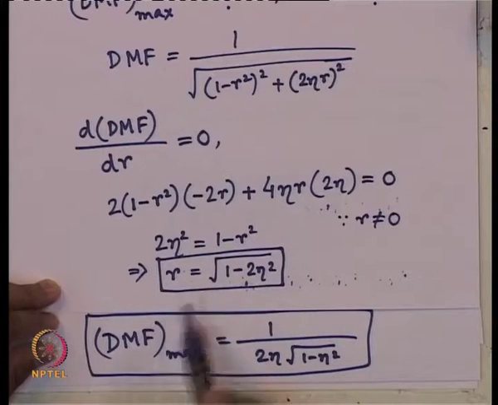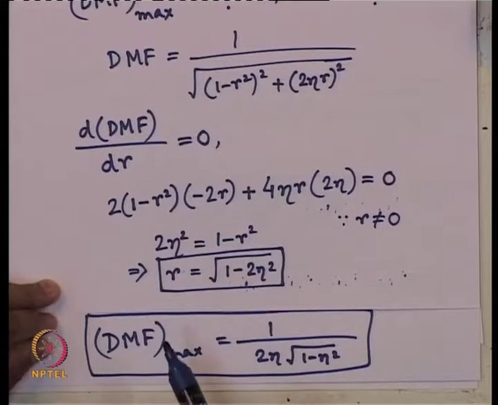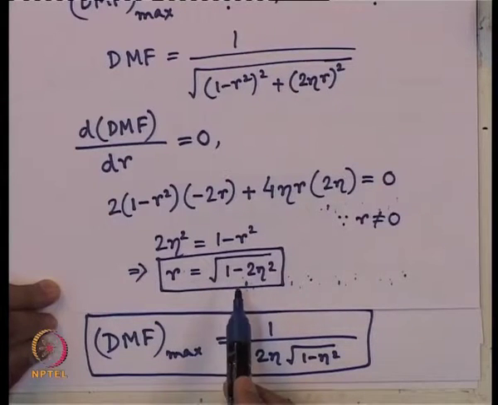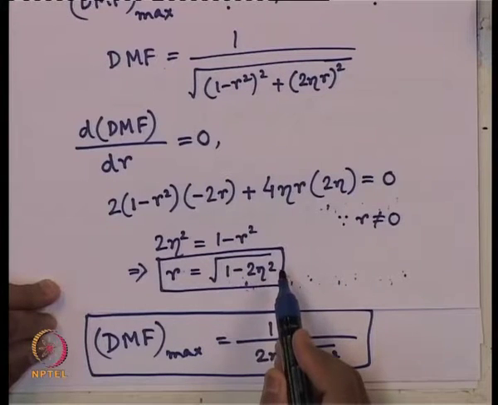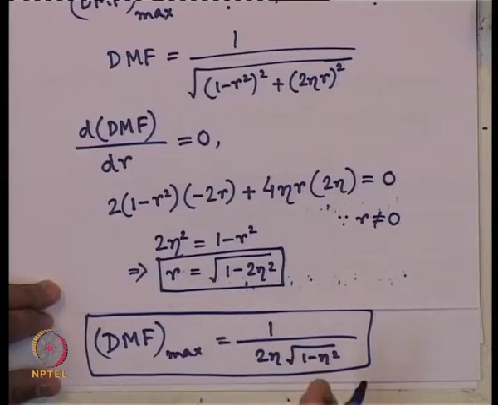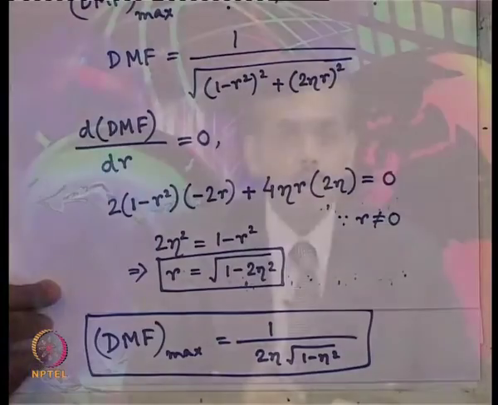That is why in the curve, the maximum point is a little ahead of r equals 1. The maximum occurs for non-zero values of eta, and as the value of eta increases, the maximum DMF point keeps shifting away from r equals 1 towards r equals 0. It will shift slowly from r equals 1 to r equals 0.